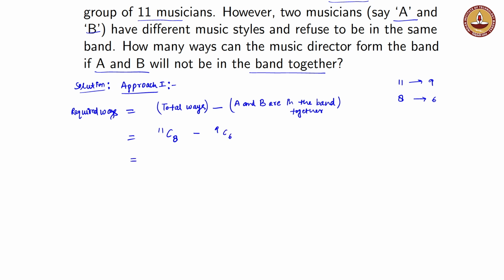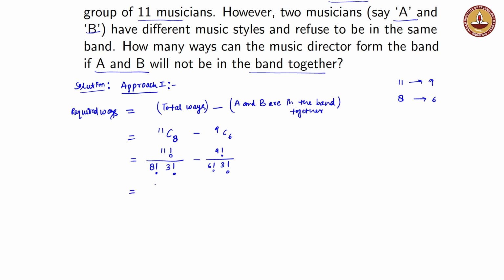So basically we have to solve this part. We just apply the formula of factorials: 11 factorial divided by 8 factorial into 3 factorial, minus 9 factorial divided by 6 factorial into 3 factorial. It's 9 factorial divided by 6 factorial into 9 minus 6 factorial, which is 3 factorial.